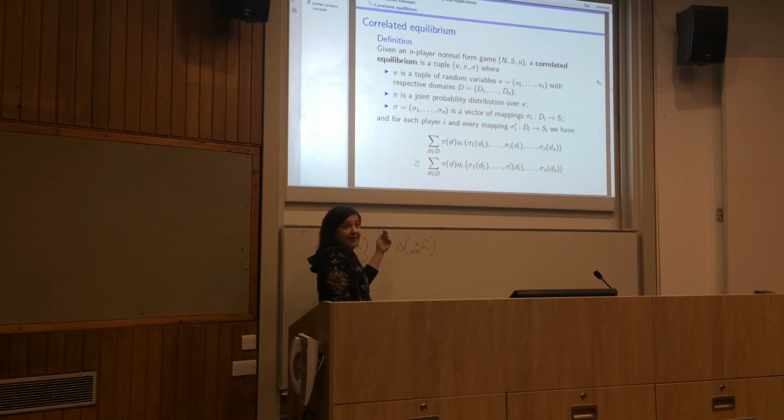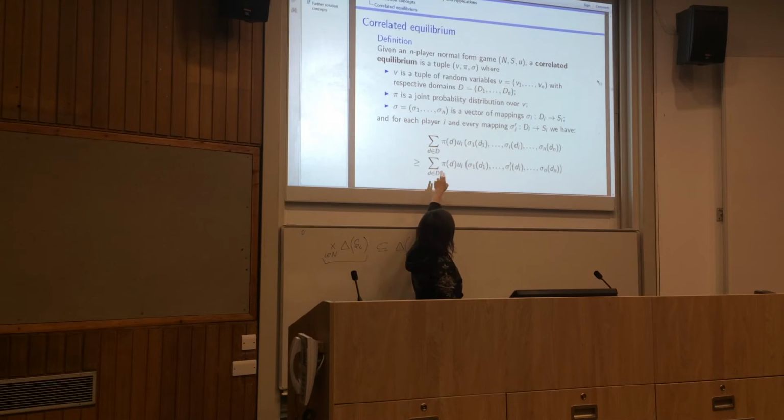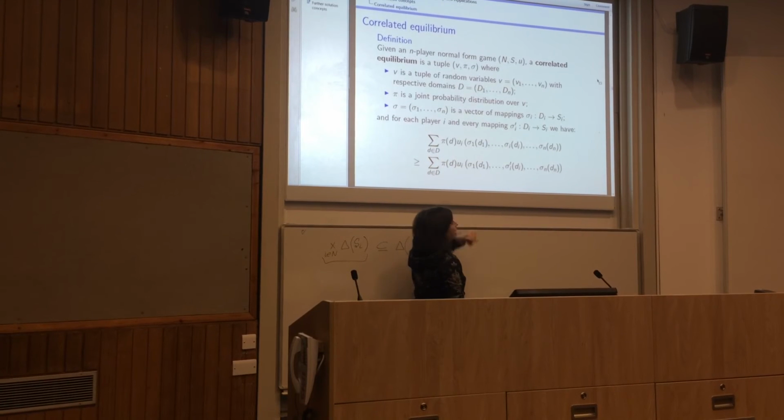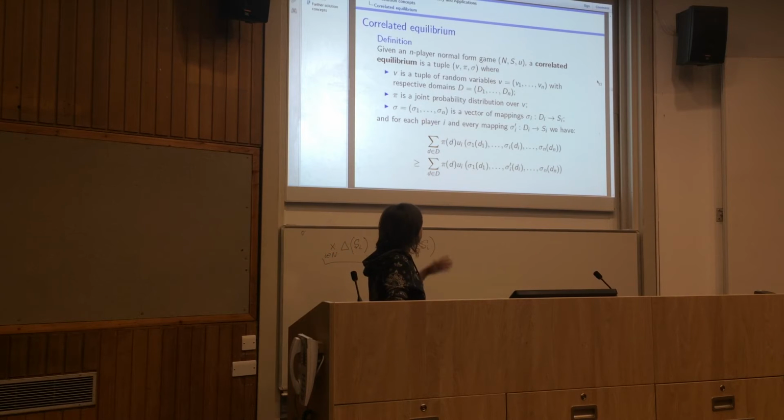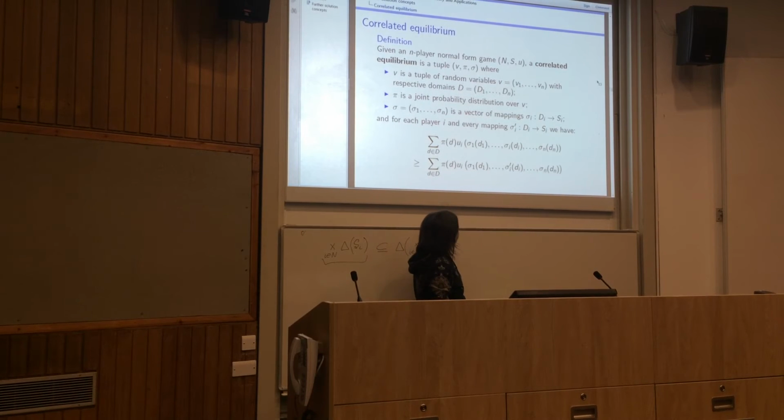Now, what would be an expected payoff, an expected utility to a given player in this setting? So under the distribution, we look at all the points in the domain. So that's joint values for all the variables. We take the corresponding joint distribution, and we look at the utility of a given player in the combination of strategies.